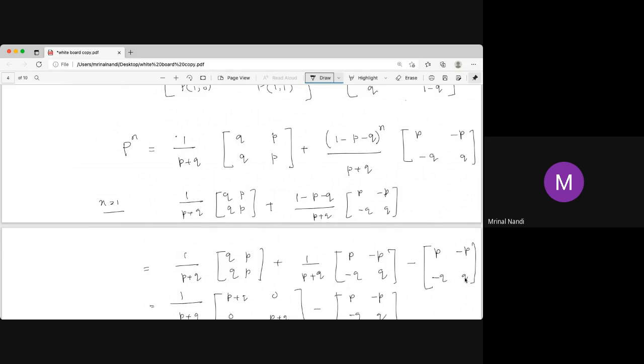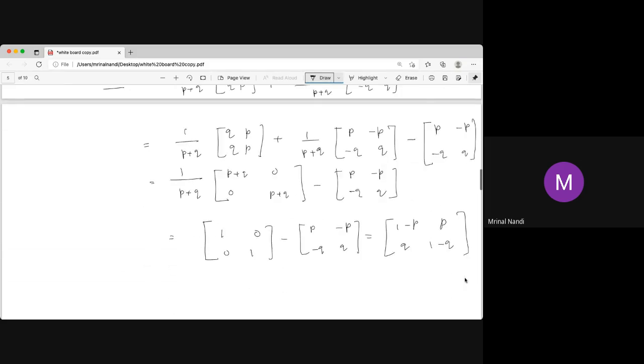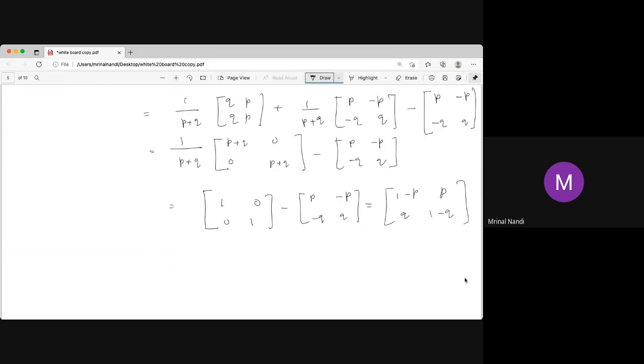Now for p and q, if p and q are both 0, then what happens? If p plus q is 0, that means p is 0 and q is 0. In that case we can't write it in this form because 1/(p+q) is undefined. What will be P?